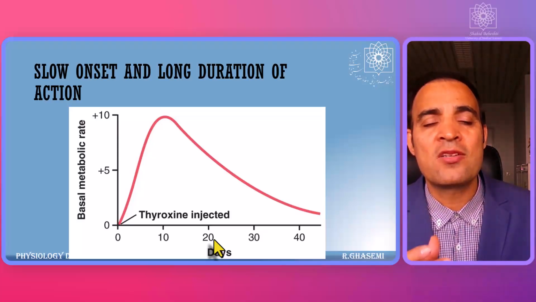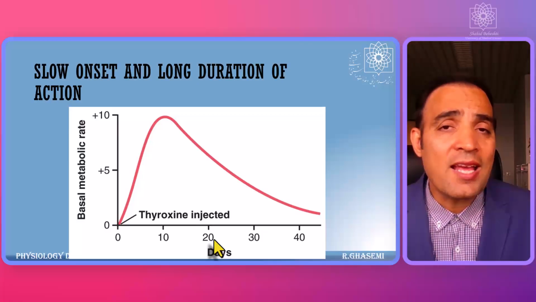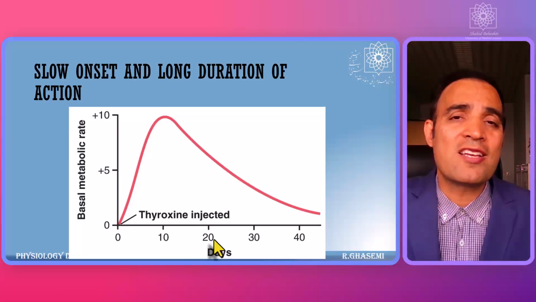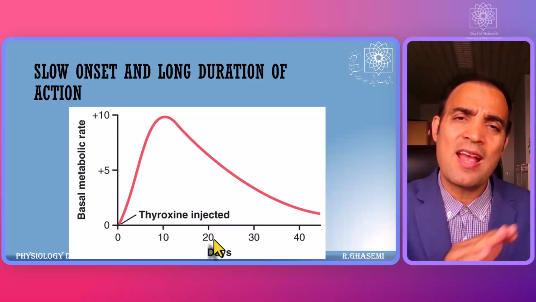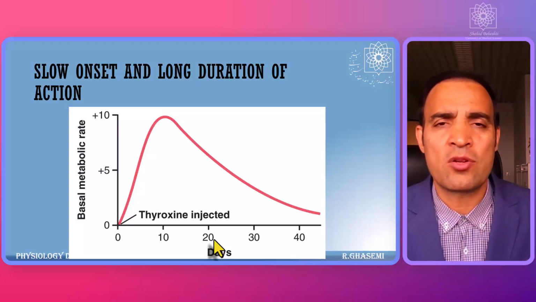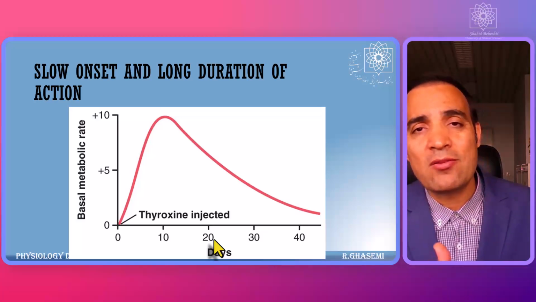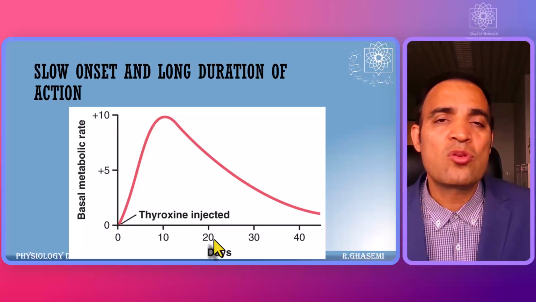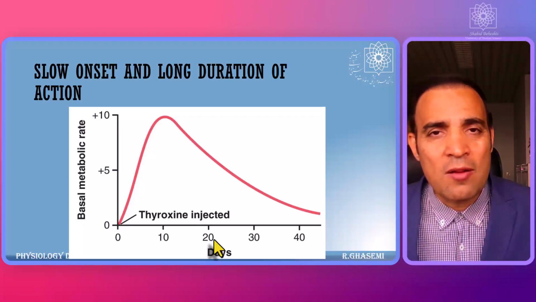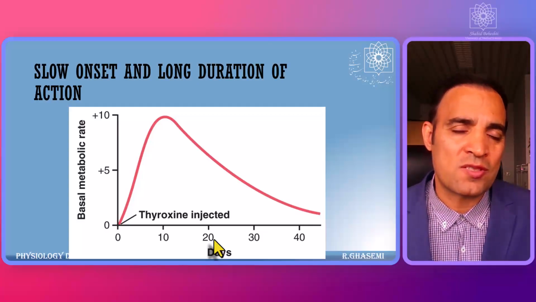If we inject thyroxine into the body of an animal, it takes 10 days to reach the highest function, highest basal metabolic rate, as an indicator of thyroid hormone function. And then it takes about another 30 days to calm down and to remove the effect of this thyroxine.